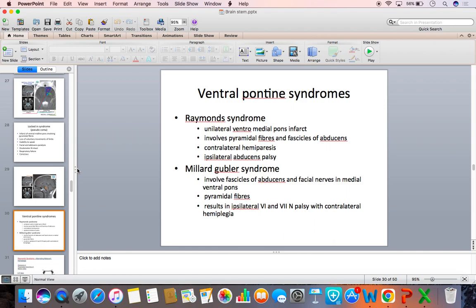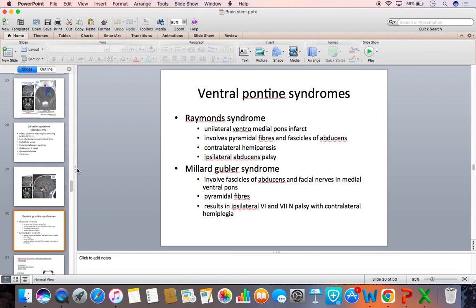So it has only two components, remember my students. It results in contralateral hemiplegia with ipsilateral sixth nerve palsy. That is Raymond syndrome, one of the ventral pontine syndromes.